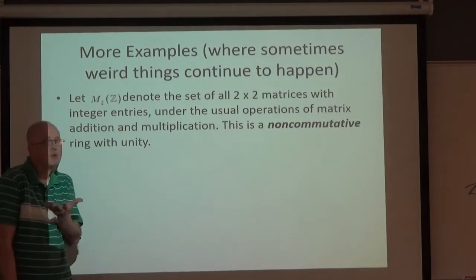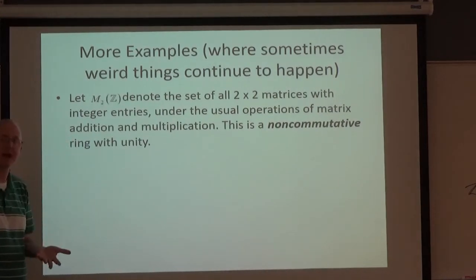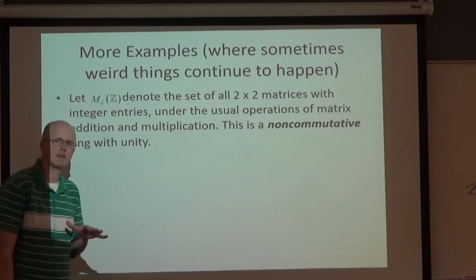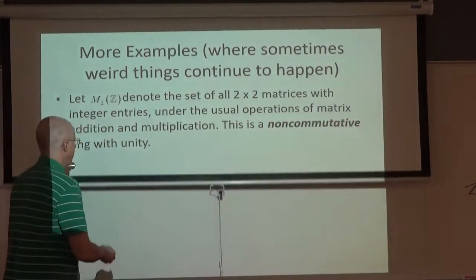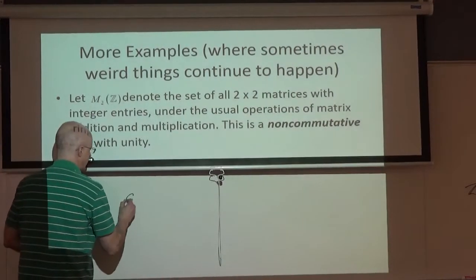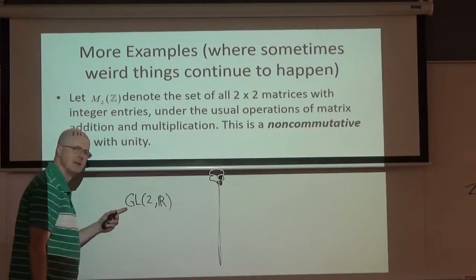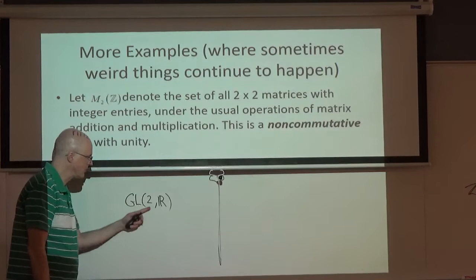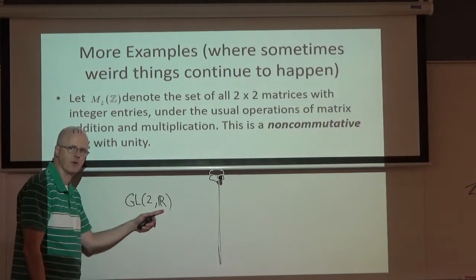Multiplication of matrices, as you know from linear algebra, is not commutative in general. But this does form a ring. By the way, notice there's no condition about the determinant, like there was for the general linear group of 2 by 2 matrices with real entries, where we said the determinant had to be non-zero.